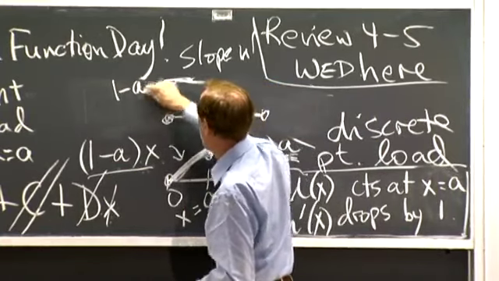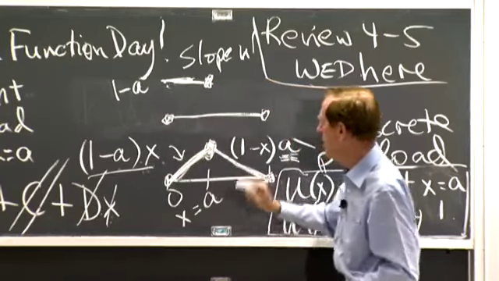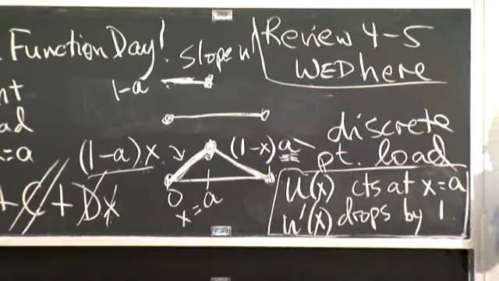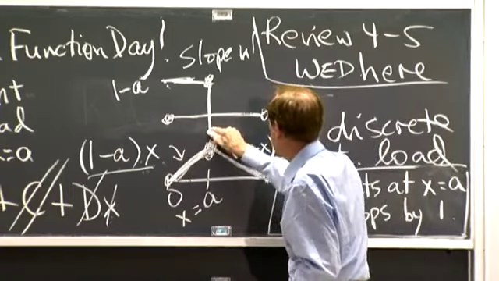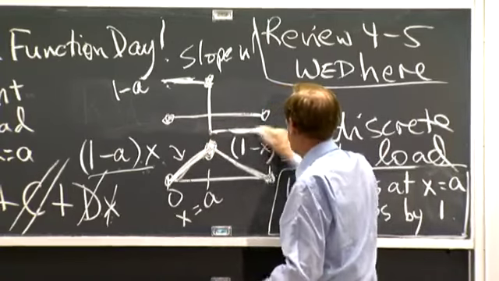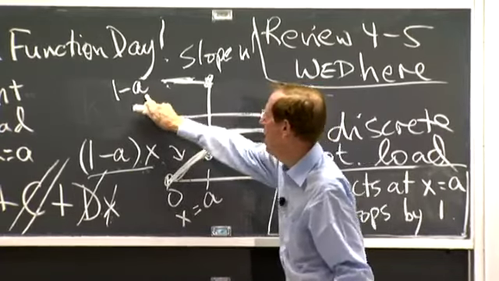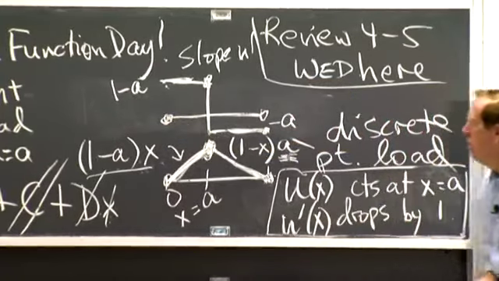And now at x equal a, the slope changes to this one. And what's the slope of that second part? Minus a. Look, it did it right. Minus a is the slope along here. You see, 1 minus a, it dropped by 1. The 1 disappeared to leave a slope of minus a.